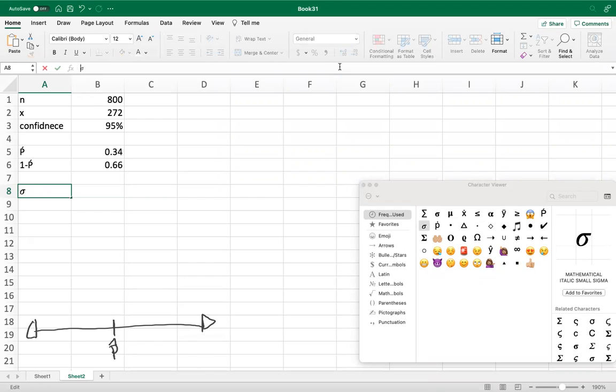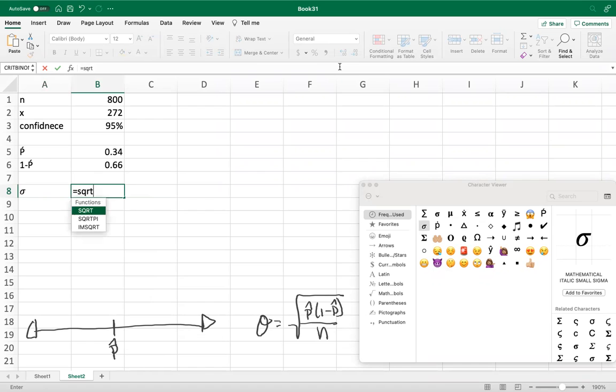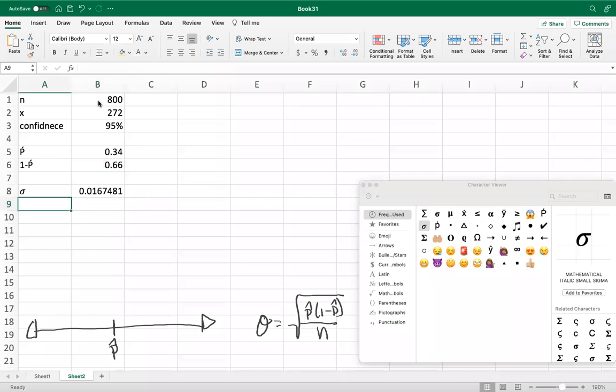And our standard deviation. Remember, our standard deviation is equal to the square root of p hat times 1 minus p hat divided by n. So here we have the square root, SQRT, of our numerator, which is p hat times 1 minus p hat, divided by the denominator, which is just n, and close parentheses for the entire square root.